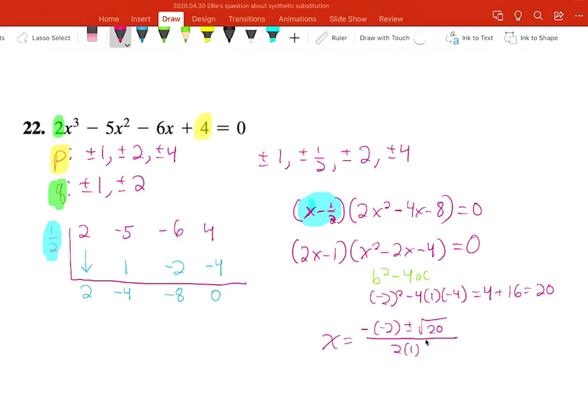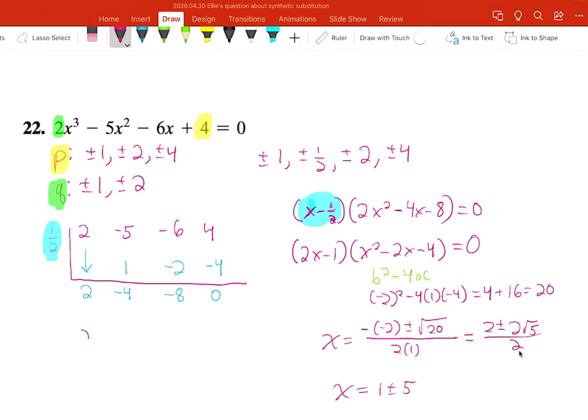Or you would get answers that are twice as big, and when you factored a 2 out, it would be a little bit easier. But it should reduce to the same thing, which is 2 plus or minus 2 root 5 all over 2, which means this, if you factor a 2 out of the top, cancel that out with a 2 on the bottom, gets you that x is equal to 1 plus or minus root 5.